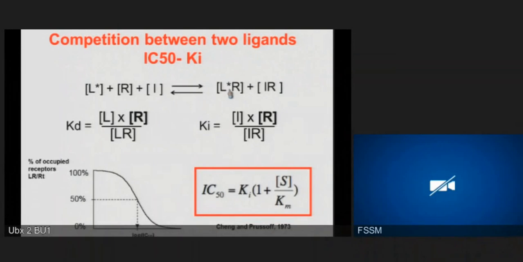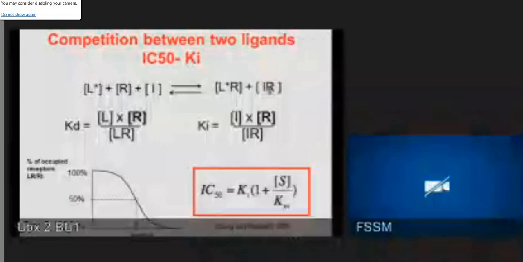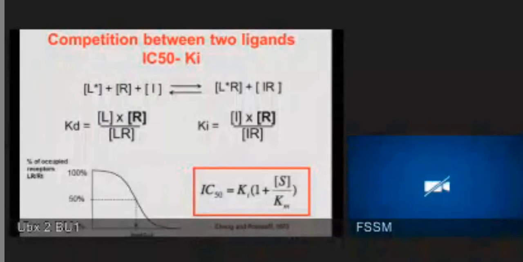The formation of LR with the radiolabeled compound and R. So it means that I can bind R so that it removes a little bit of the variable R for radiolabeled L. But it also follows the law of mass action for I. So you have the KD here, which is L times R on LR, and the KI here, which is I times R on IR.